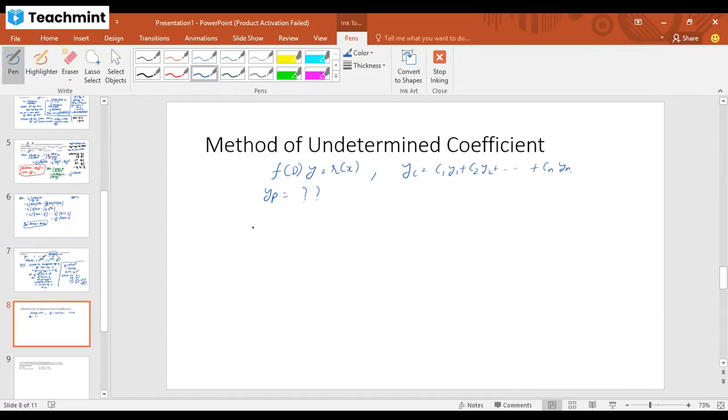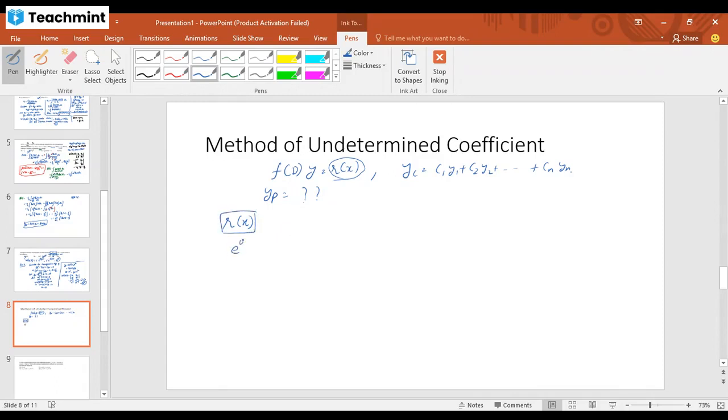The trial solution is based on what kind of non-homogeneous function we have. What kind of R(x) is there? Here we have some specific cases where we can choose a style of function.